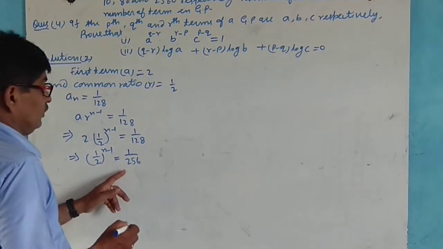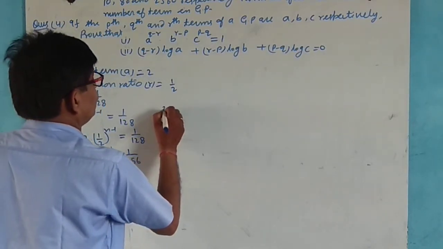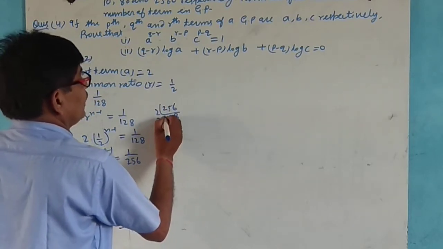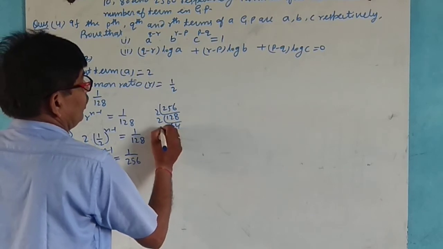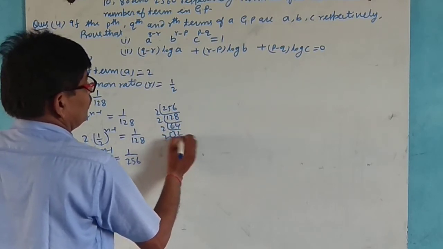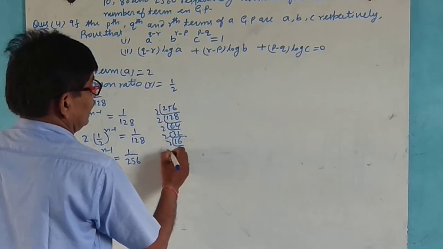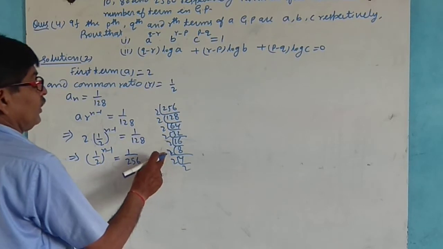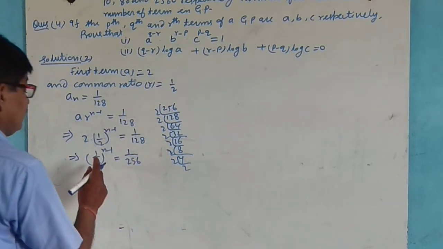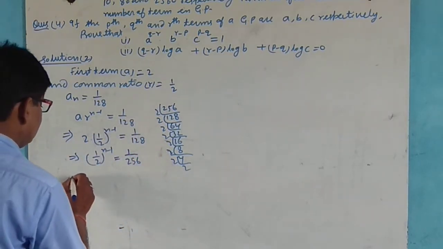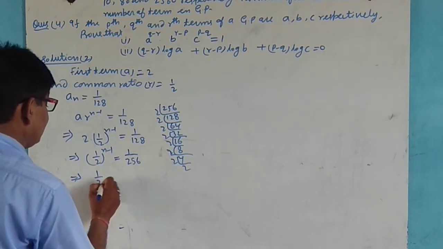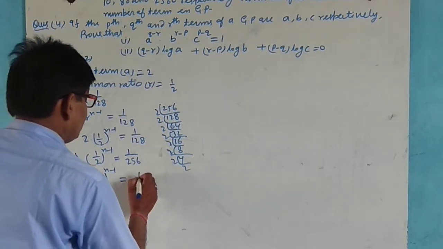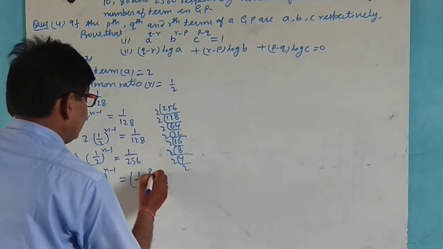Now 256, 128, 64, 32, 16, 8, 4, 2, 1: counting 1 2 3 4 5 6 7 8, this can be written as 1 by 2 to the power n minus 1 equal to 1 by 2 to the power 8.